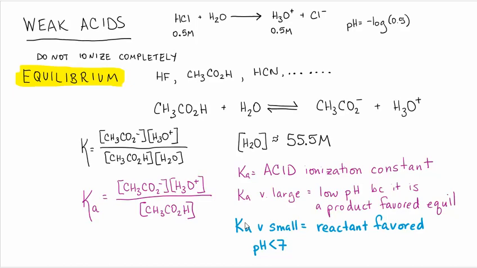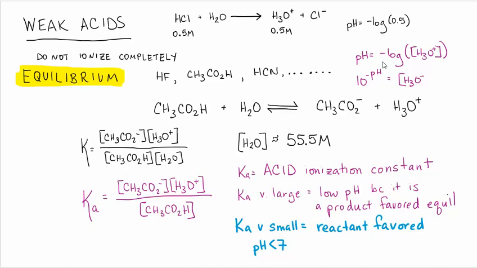So again, I want to remind you about what these equations are. The equations that are important are that pH is equal to negative log of the hydronium ion concentration, and 10 to the minus pH equals the hydronium ion concentration.